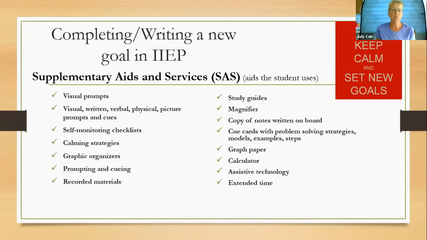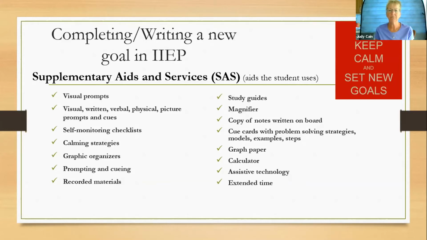All right, so supplementary aids and services, these are things that the student does use then. Visual prompts, self-monitoring checklists, calming strategies, graphic organizers, prompting and cues. That was often one that I think in the past I put in the specific designed instruction was prompting, not necessarily.